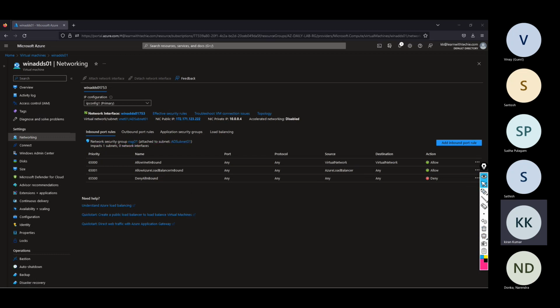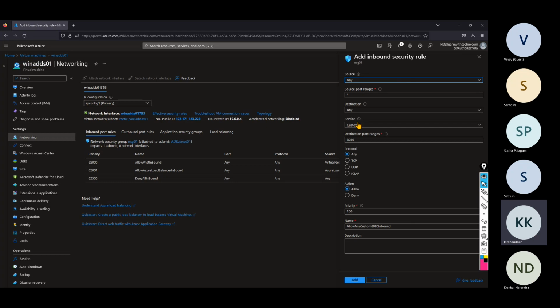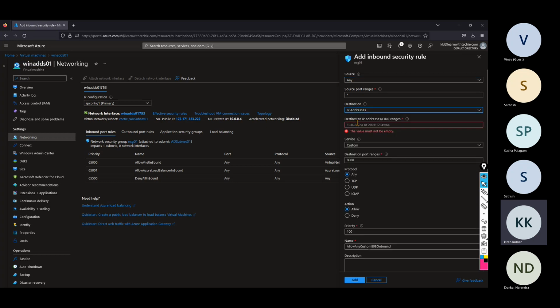Now in this subnet, suppose I have 3 or 4 virtual machines, or 10, 15, 20 virtual machines, and I want to allow only this particular virtual machine using an inbound rule. So how to do it generally? We can go here, and destination-wise I can keep the IP address of this particular virtual machine, so that inbound rule I can create.